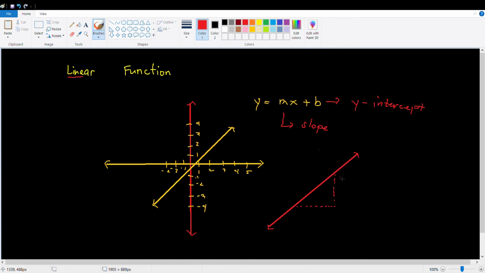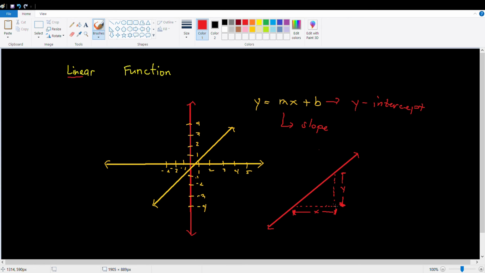This is our change in y, and the change in x right here. Okay, change in y and the change in x.